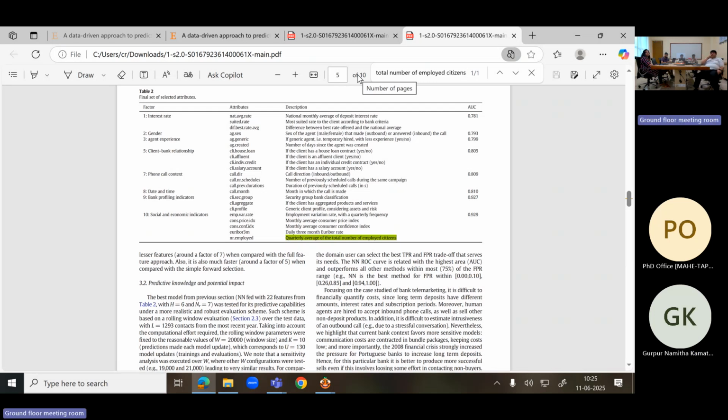Okay, you're saying that if there are more employed people in the bank, they would be ready to take more calls. No, not in the bank, but they are saying citizens. Citizens can also include the clients. Let's understand this: what is this attribute all about?